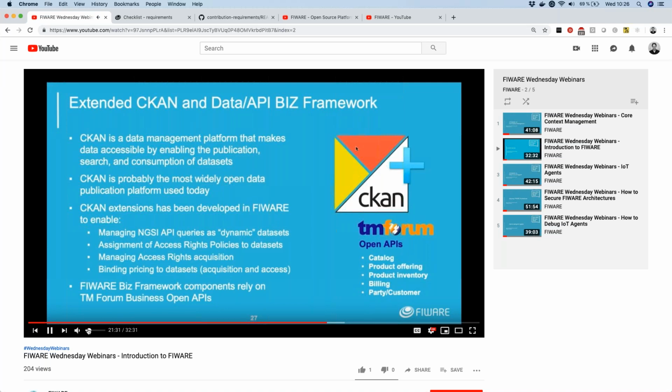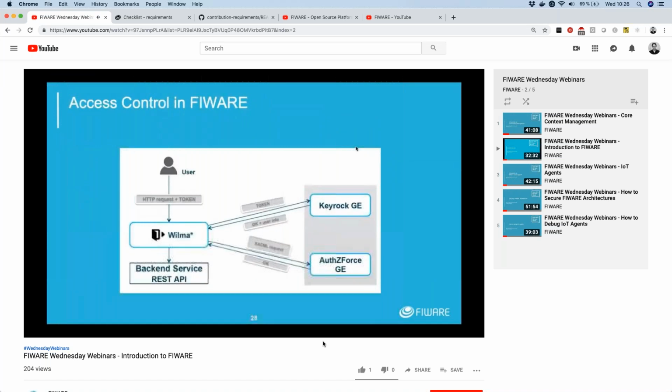Describing what the selling point of the CCAN and business data set is. Now, access control is an interesting area in that it is sometimes said that FIWARE is relatively insecure.